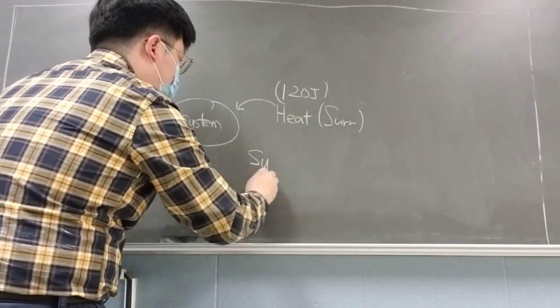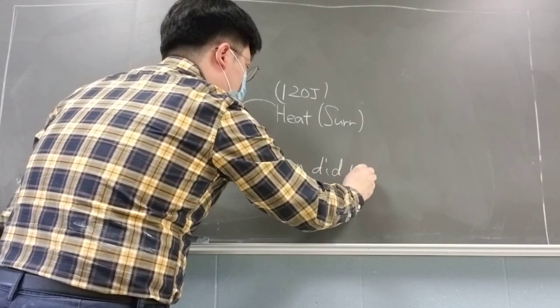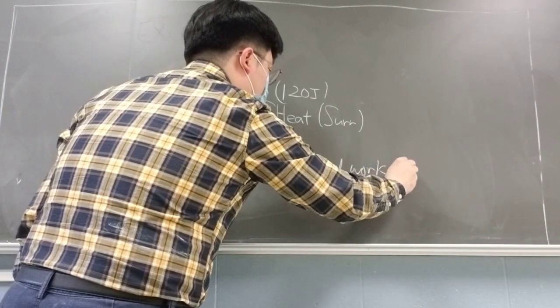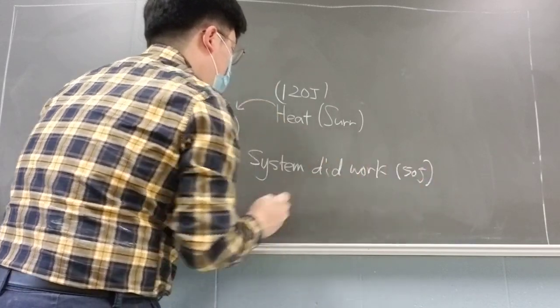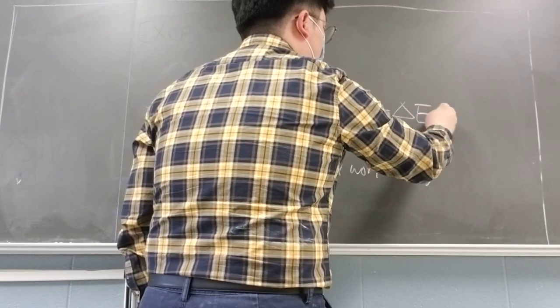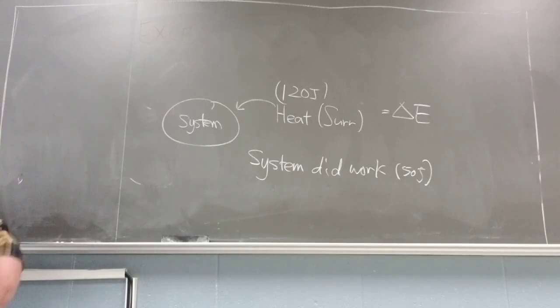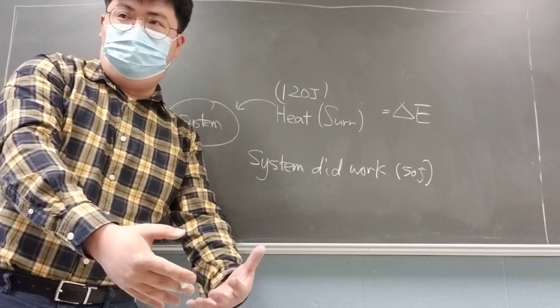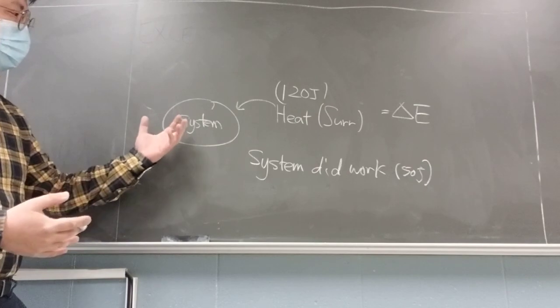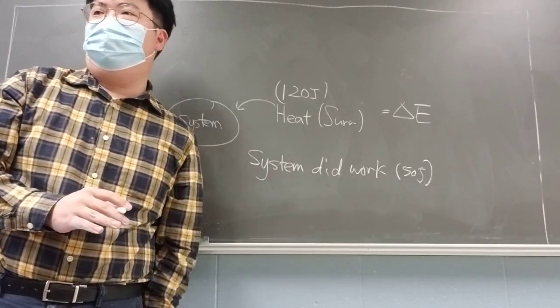And the system did about 50 joule amount of work. What might be the change in energy? Just 1 minute maybe. So the heat energy is going into the system, and at the same time the system did work that is about a 50 joule amount of energy.